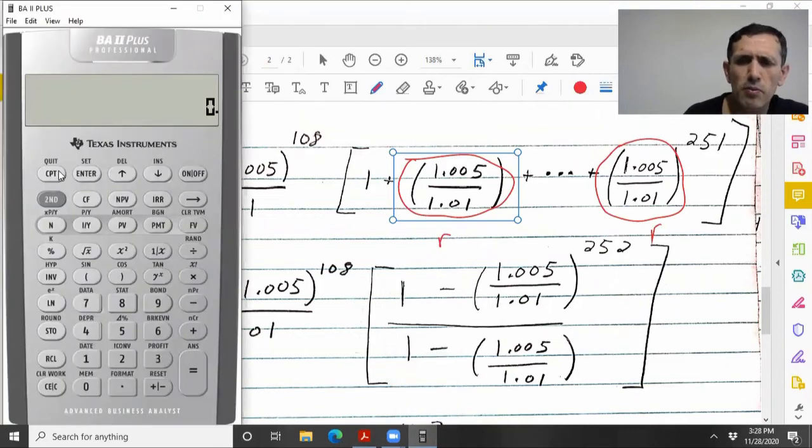So I probably would maybe just get this number here and store it. You don't really have to do that, but maybe it makes life a little easier. 1.005 over 1.01, store 1.